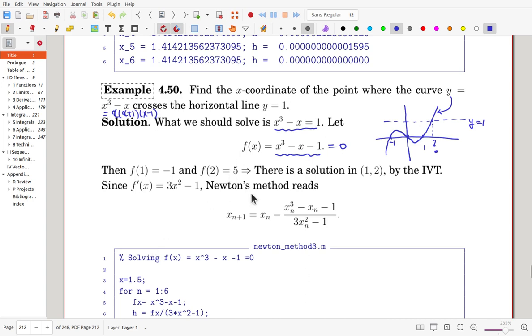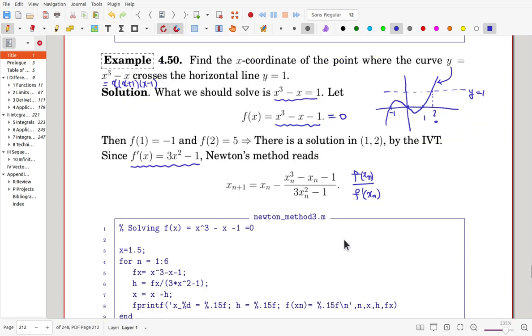For f of x, the derivative is 3x squared minus 1, so Newton's method can be formulated in this way: xn plus 1 is the same as xn minus f of xn on top, divided by f prime at xn at the bottom.